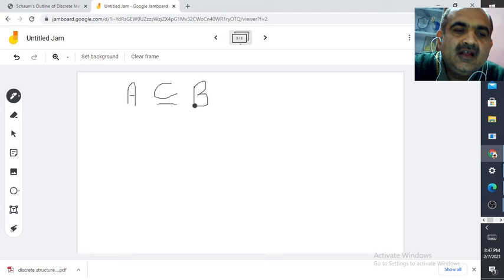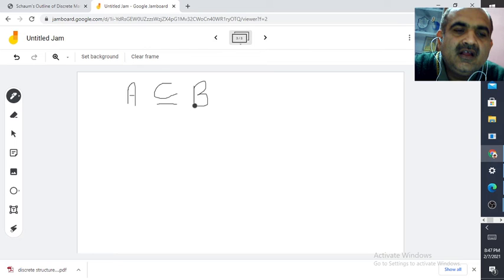Then we cannot say that B is a subset of A. Suppose in this case A is this one and B is this one, where the smaller one is A. Can you say that B is a subset of A? So we can say this is not symmetric.